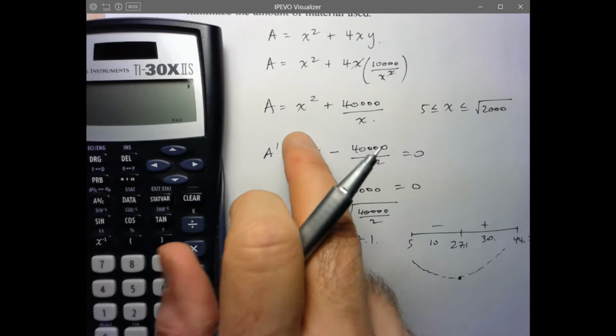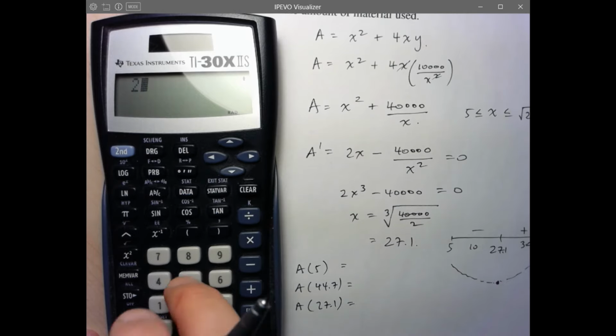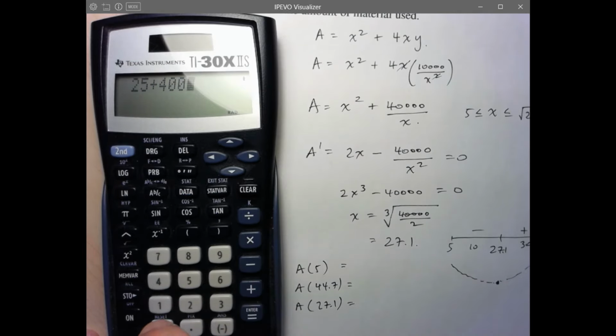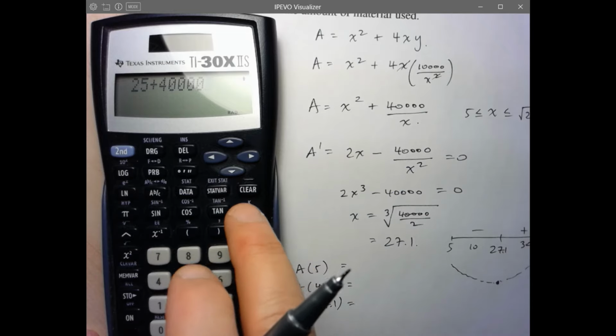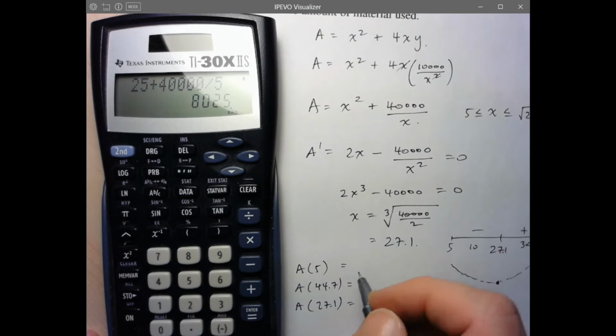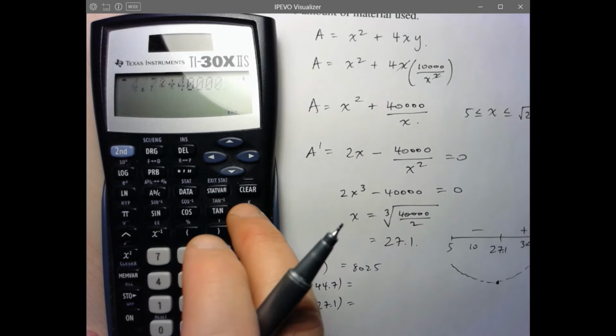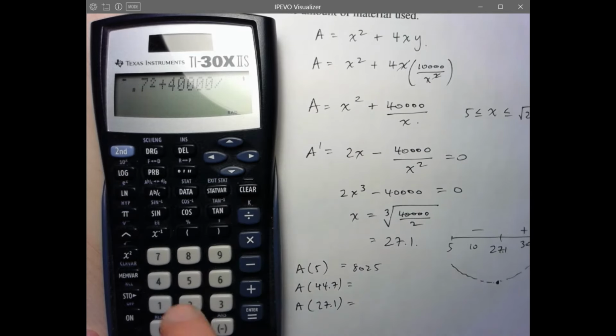So let's do that quickly here from our area. Let's put in 5. We have 5 squared, so 25 plus 40,000 divided by 5, and we have 8025. Let's test the other endpoint. So we have 44.7 squared plus 40,000 divided by 44.7 is equal to 2893.